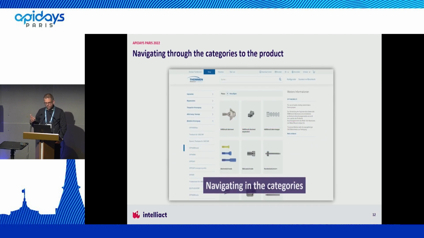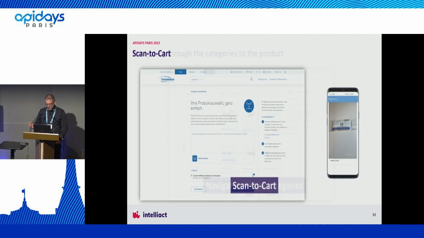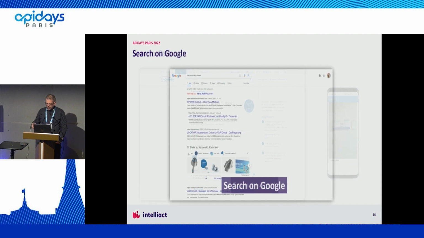So there is the usual navigation through the categories to find the product. There is a way to scan products and add them directly to the cart. There is, of course, the search on Google. This is usually what patients will do to find the products if the dentists tell the patients what products they will implant.